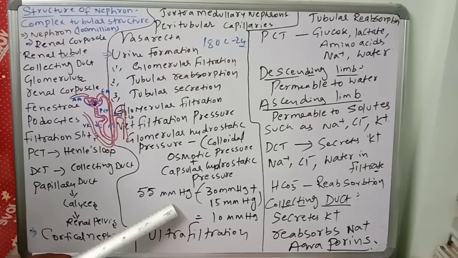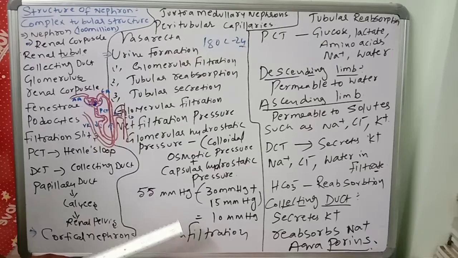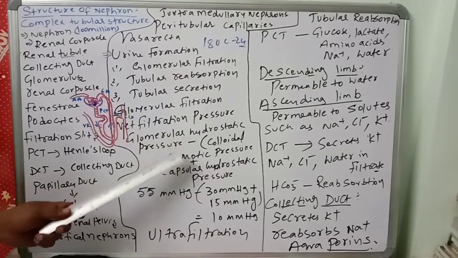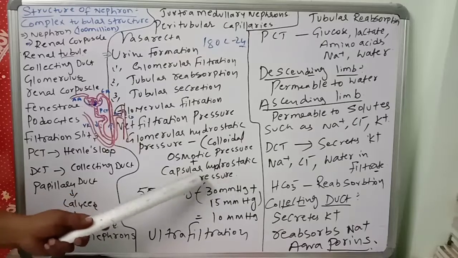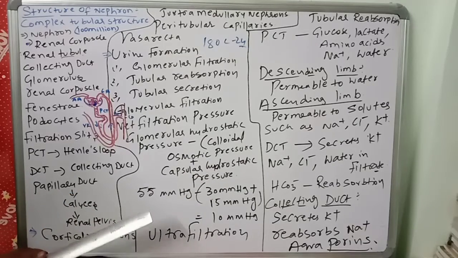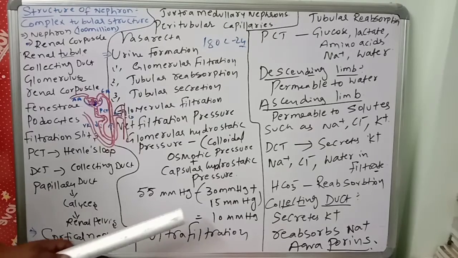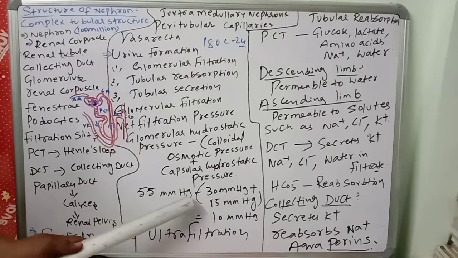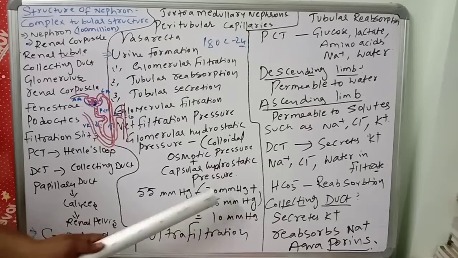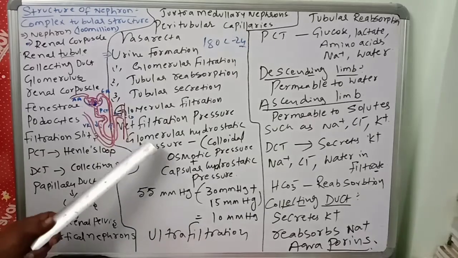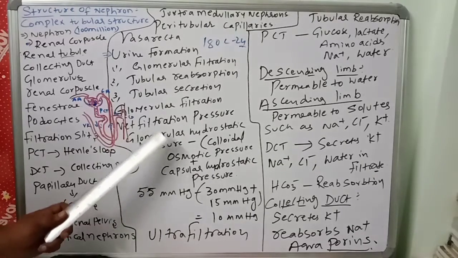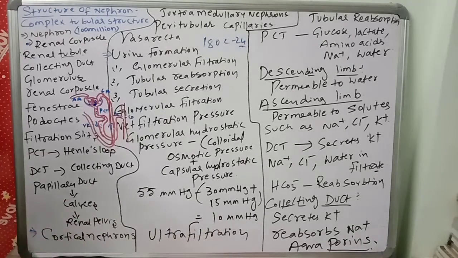Net filtration pressure equals glomerular hydrostatic pressure minus colloidal osmotic pressure plus capsular hydrostatic pressure. So 55 mmHg minus 30 mmHg minus 15 mmHg gives a net filtration pressure of 10 mmHg.